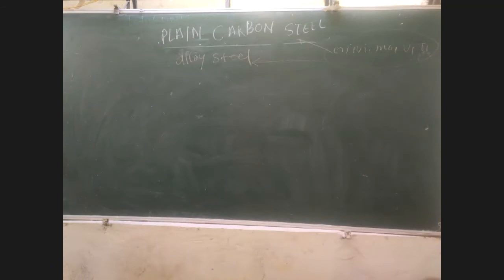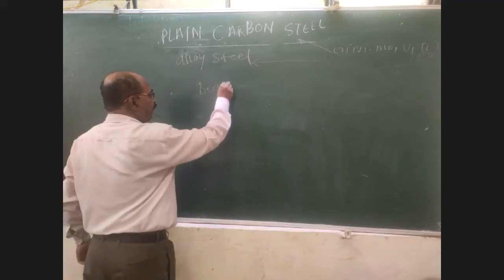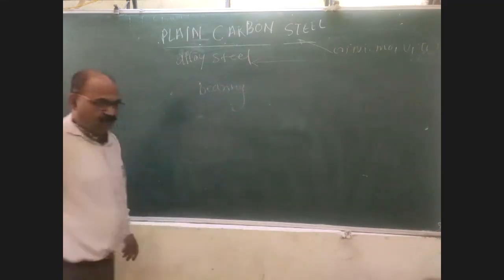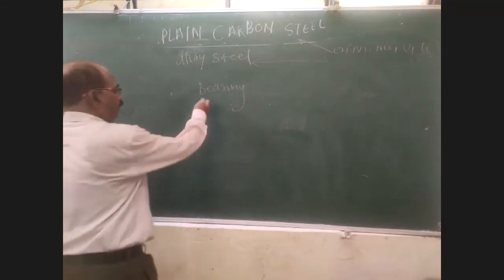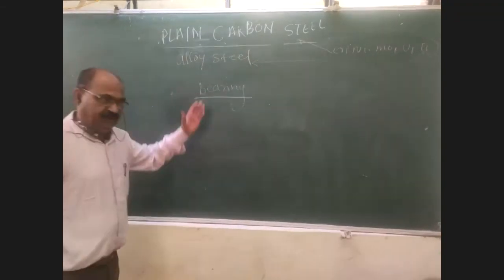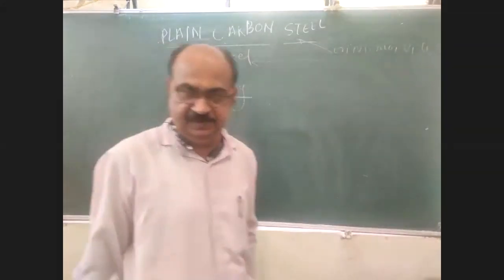So your bearing part is there. You might have seen bearings, roller bearing, needle bearing. Have you seen? Yes, sir. Okay. So bearing is one example. Bearing is made from alloy steel.